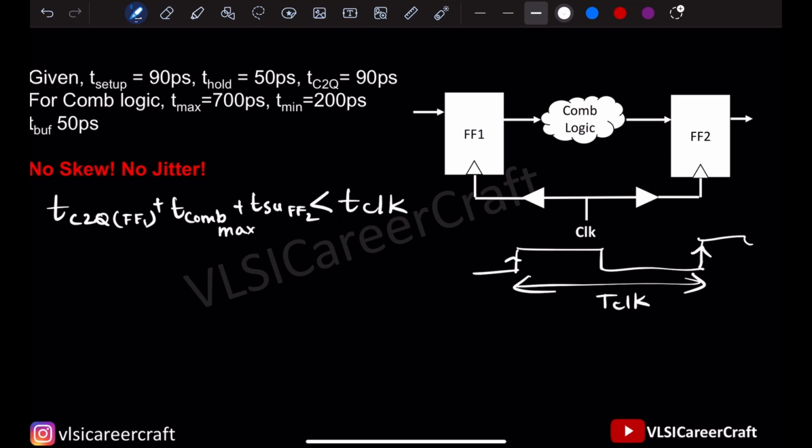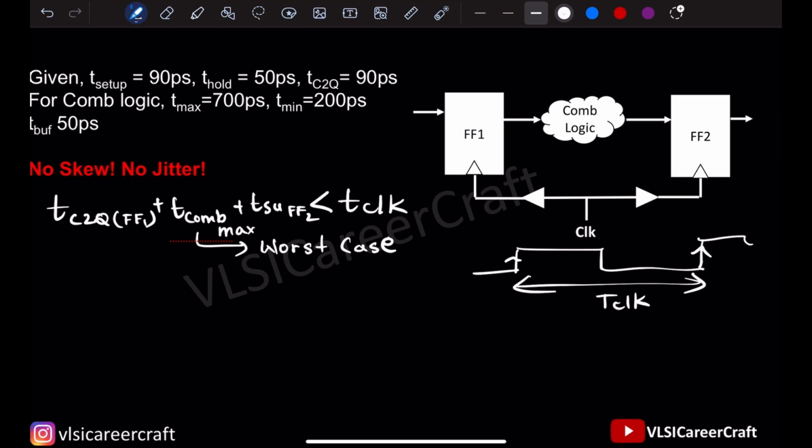So in this equation, we need to consider the worst case delay, because we are trying to calculate the minimum clock period. So for the minimum clock period, we need to consider the combinational logic maximum delay.